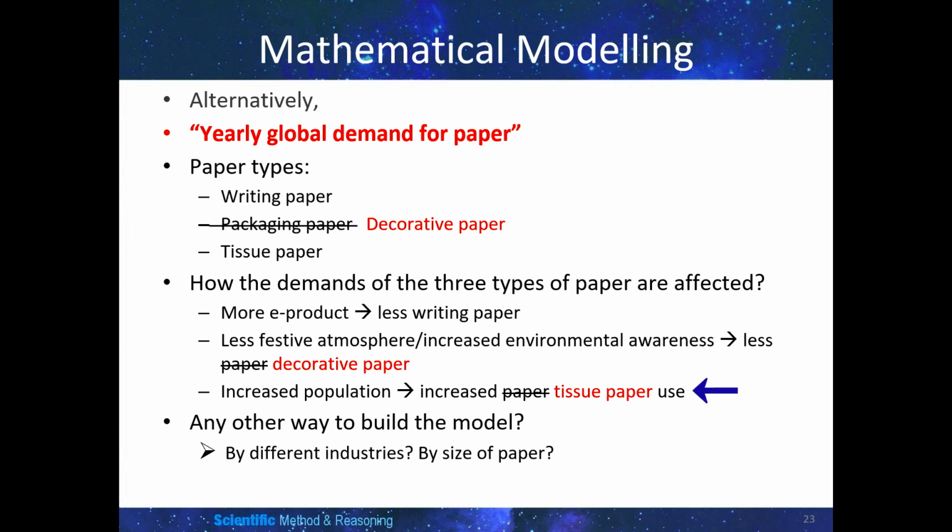Or for increased population, the most significant effect may be the increase in tissue paper use, but not others. You may also consider other ways to build the model, for example, by different industries. Like the clothing industry and the manufacturing industry have different demands on paper. You may also consider the size of paper. And that's it for this demonstration question.